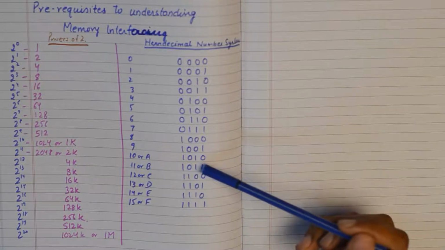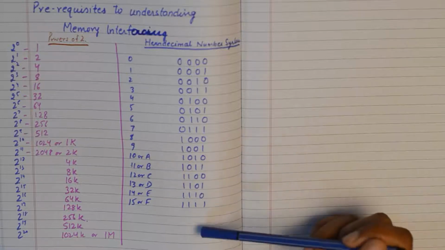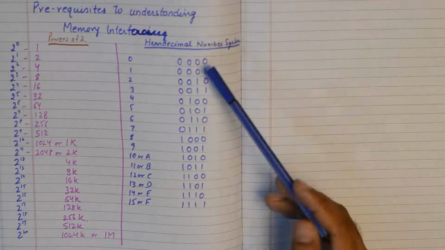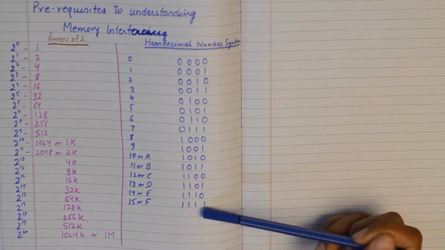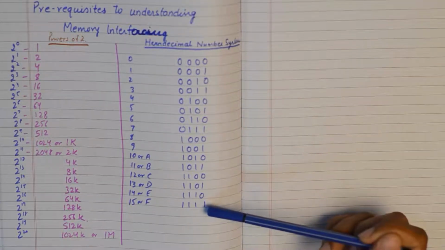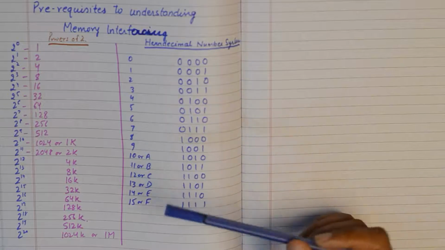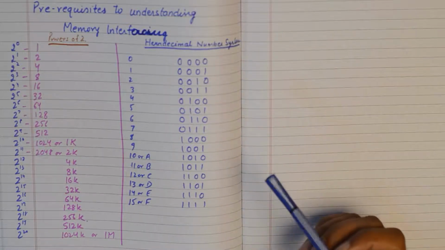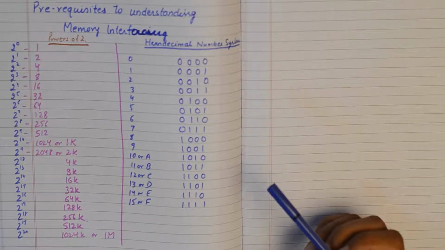B is 1011, which is the binary equivalent for 11, and so on. If you remember all these binary equivalents for hexadecimal, it will be a great help in solving and understanding problems related to memory interfacing.